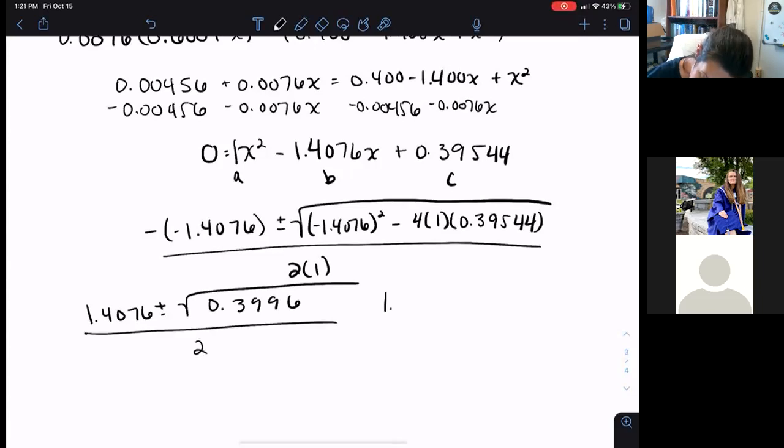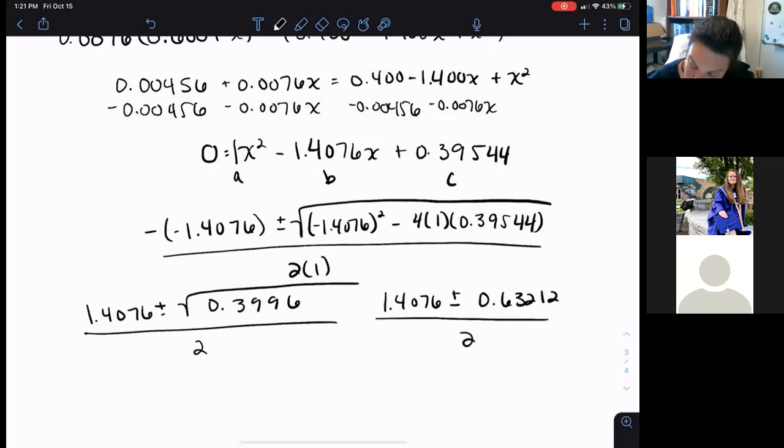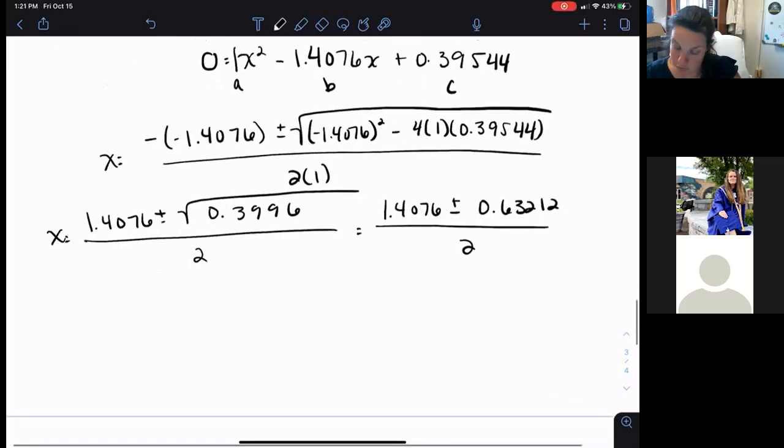So this gives us 1.4076 plus or minus 0.63212 divided by 2. At this point, we can solve. These are all x equals. So now we can solve for our two options.